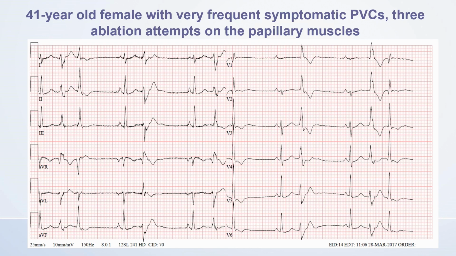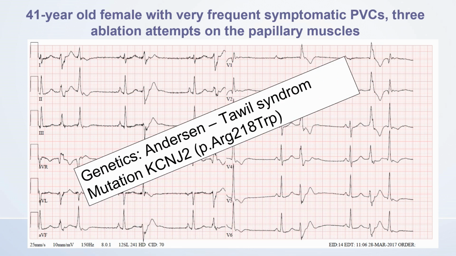Sometimes you may be surprised, because we should think in a broader perspective. This is a lady who had 3 previous failed ablation procedures from papillary muscles. In such a case, you should think not only of PVC, but in a broader perspective, and this time it turned out to be a potassium channel mutation, a genetic disease, probably not treatable by focal therapy inside the ventricle.